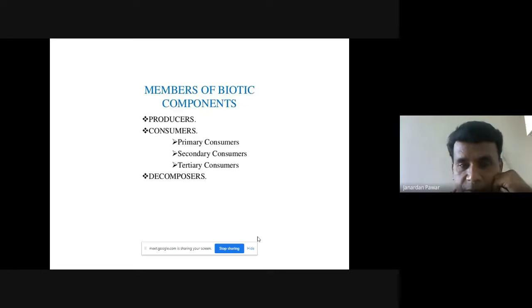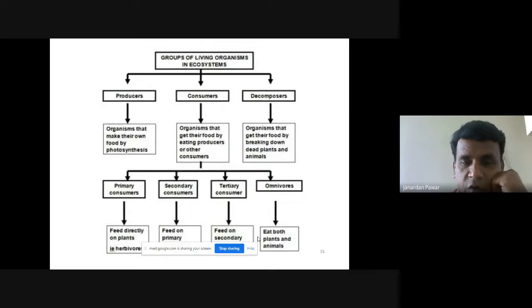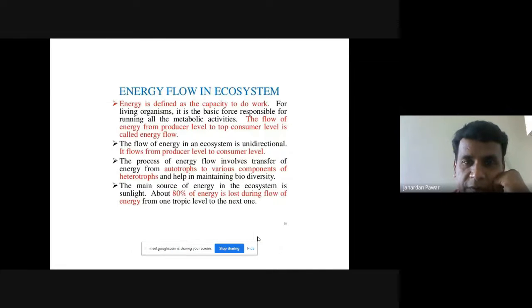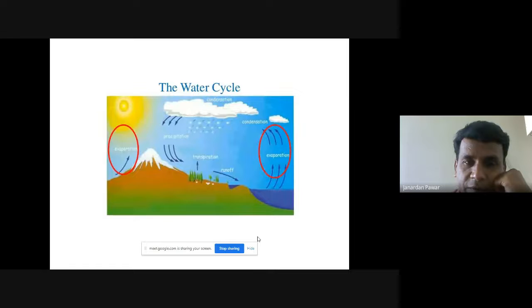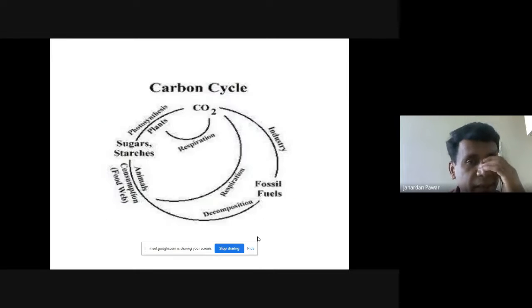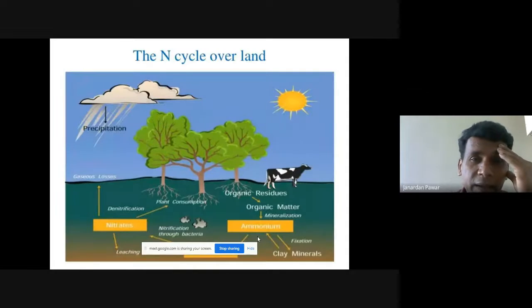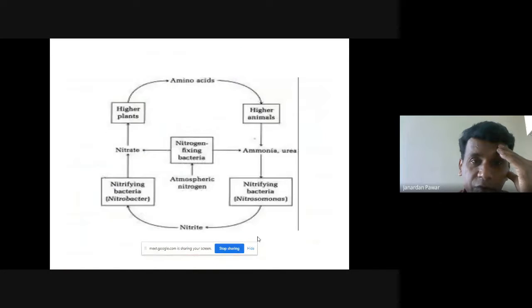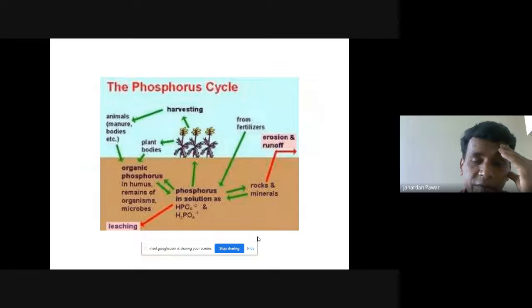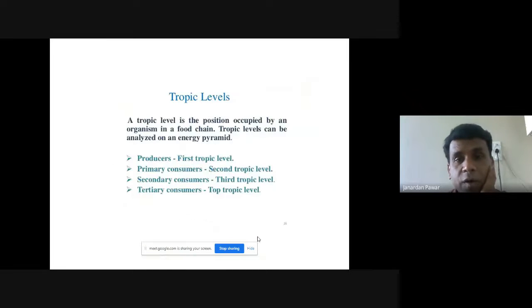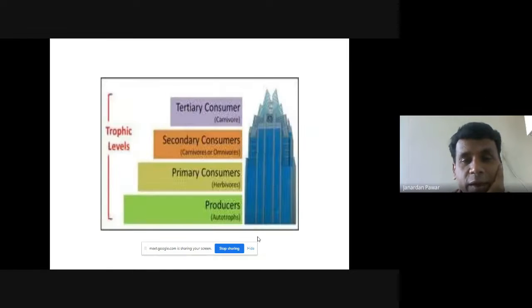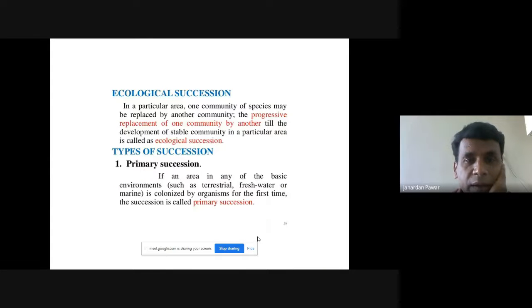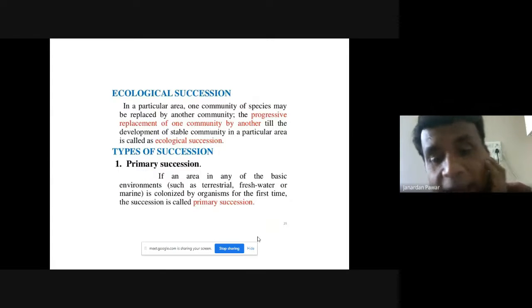That also we have seen. Even this chart I told you in the last lecture. After that, we have seen the water cycle, carbon cycle, nitrogen cycle over land, the phosphorus cycle, and trophic levels also, and we stopped here.